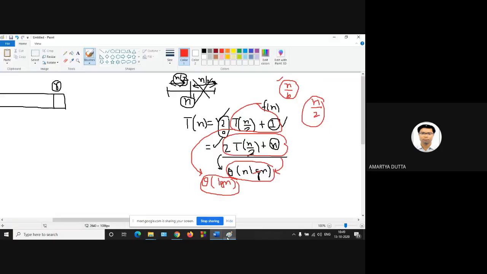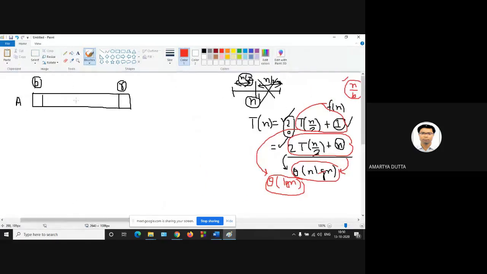So what is Q? This is your Q. We have to divide the whole array into two parts, so that every element in the left part of Q is less than or equal to Q, and every element in the right side of Q is greater than Q. So this is the division.